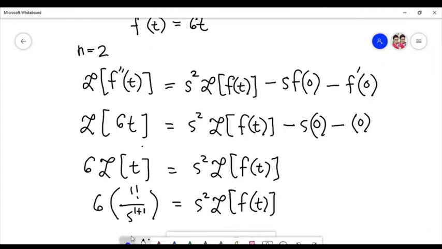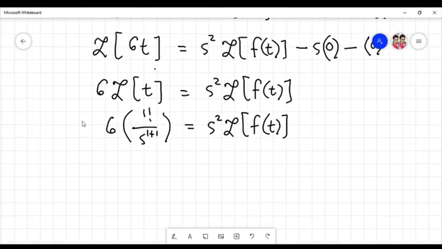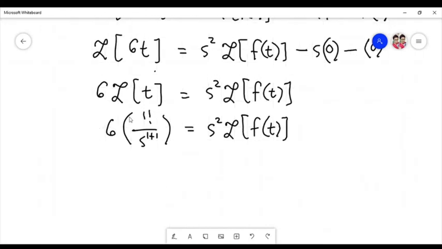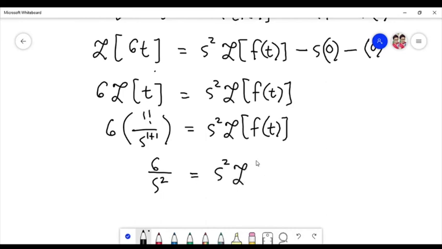Therefore this will become 6 over s squared is equal to s squared Laplace transform of f of t.